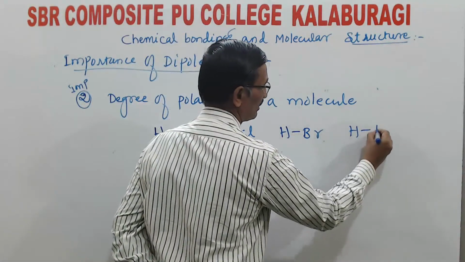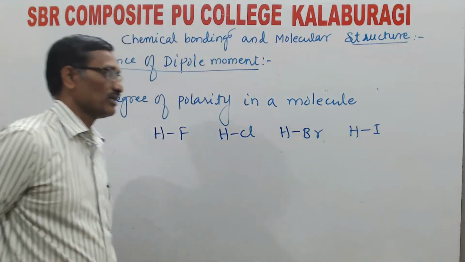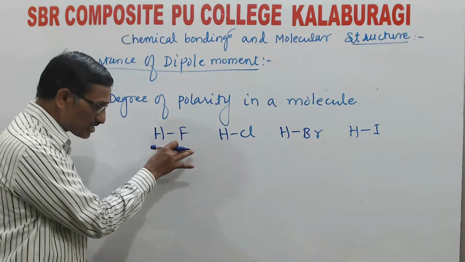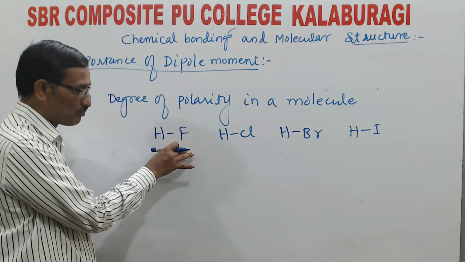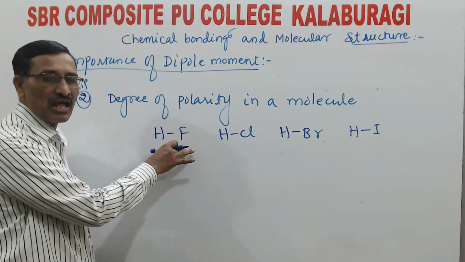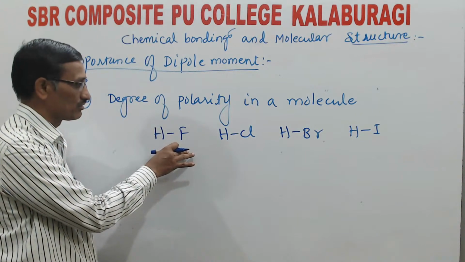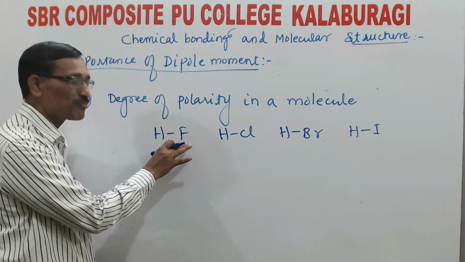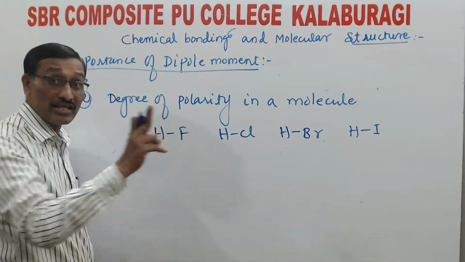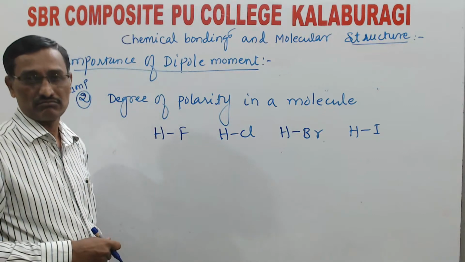There I did not say anything regarding their dipole moment values. If the difference in electronegativity value between the combining atoms is more, there will be a very large charge separation and there will be higher polarity. Higher the polarity in a given molecule, higher will be the dipole moment.